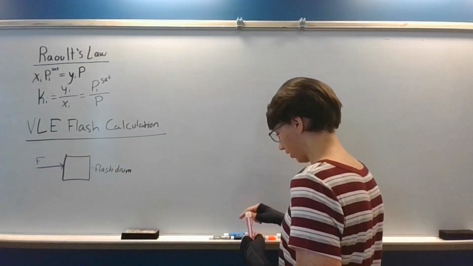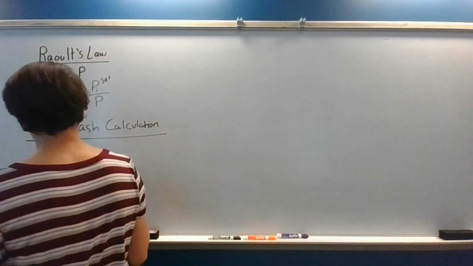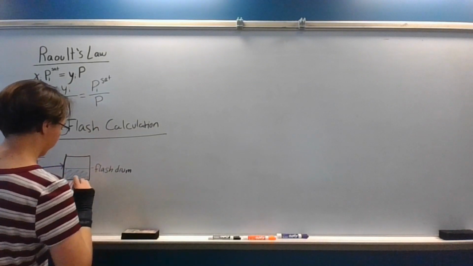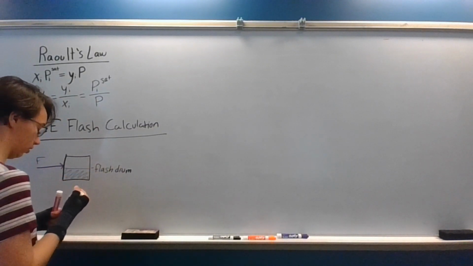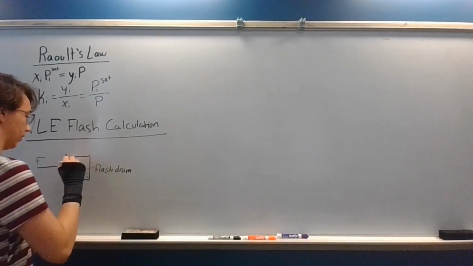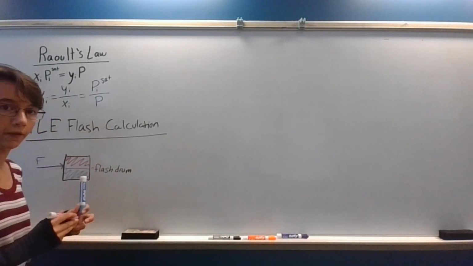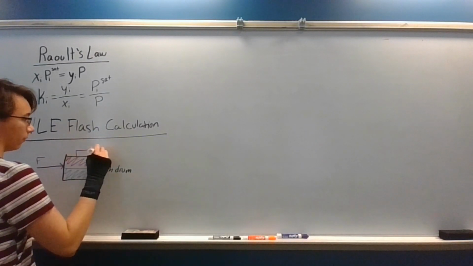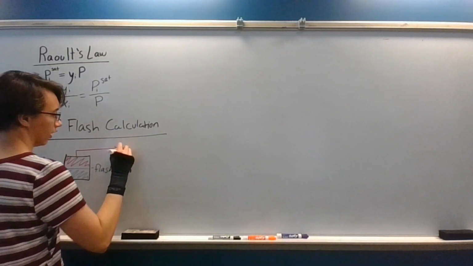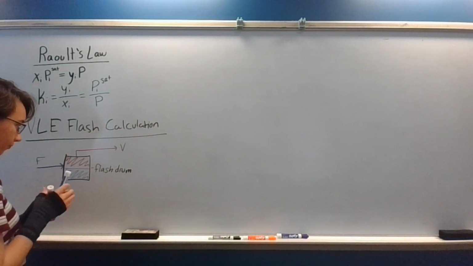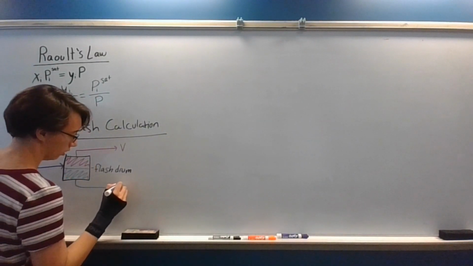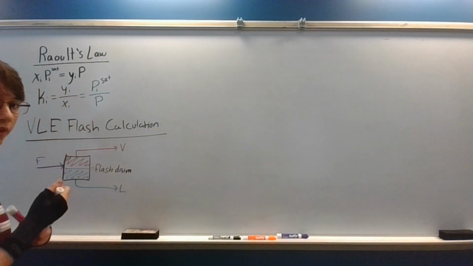And so we'll know the amount and composition of that. And then within this flash drum, it's going to separate into a liquid and a vapor phase. So then there will usually be something up here that's taking out this vapor phase, and a pipe down here taking out the liquid phase.